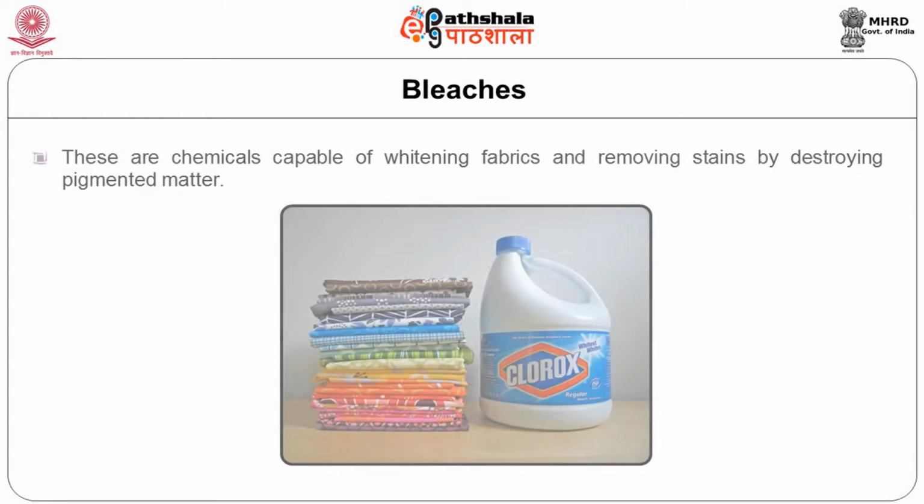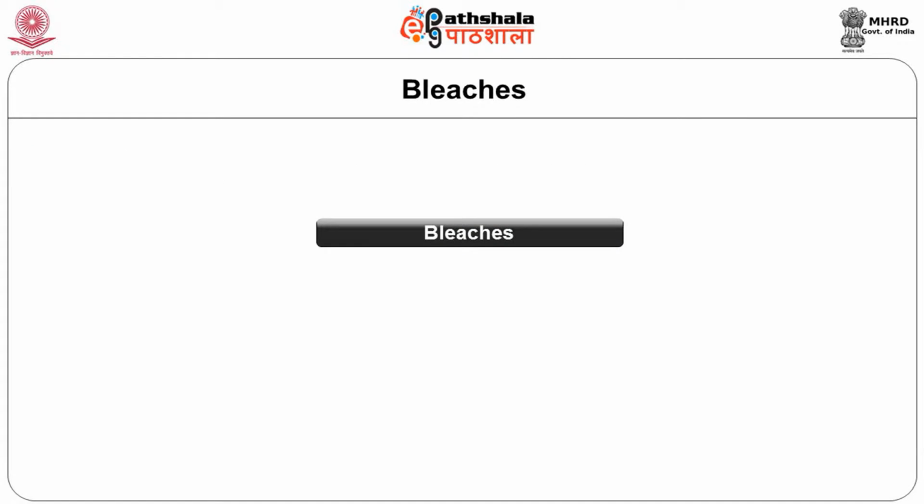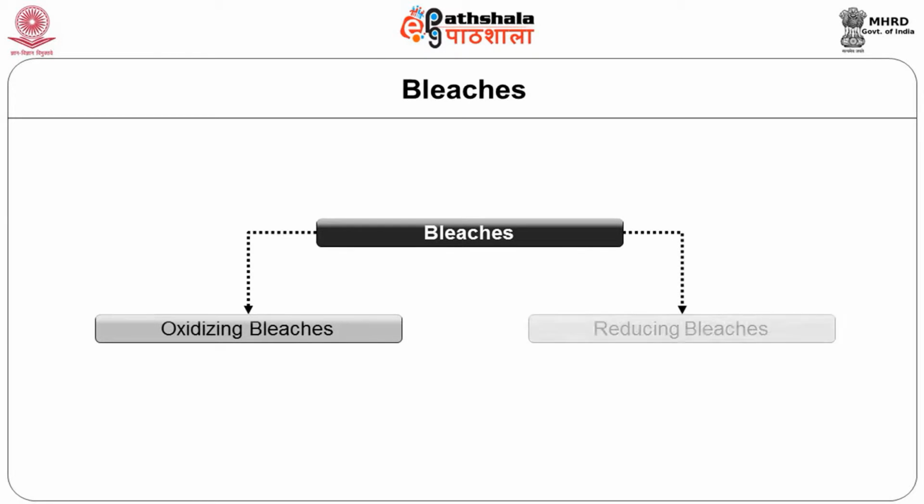These are chemicals capable of whitening the fabric and removing stains by destroying the pigmented matter. Various types of bleaches and the fabrics they can be used on safely are indicated in Table 1. Bleaches can be classified into oxidizing bleaches and reducing bleaches.